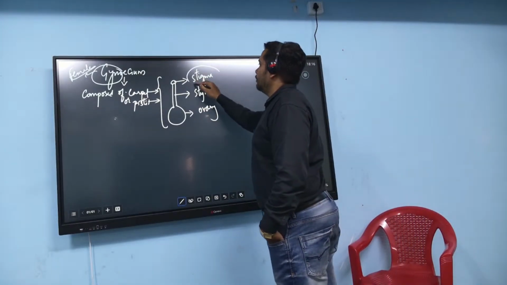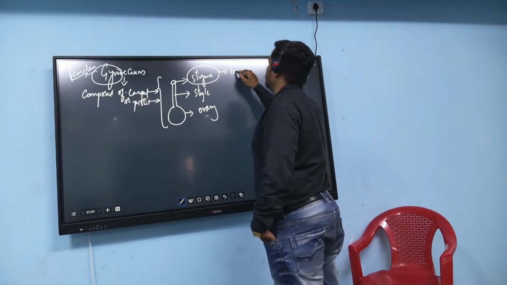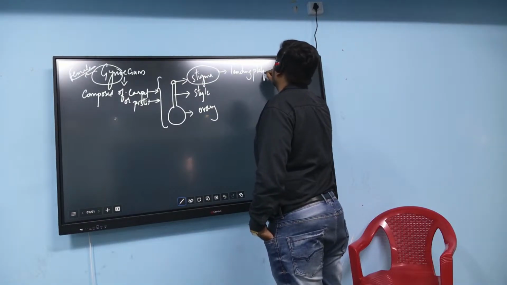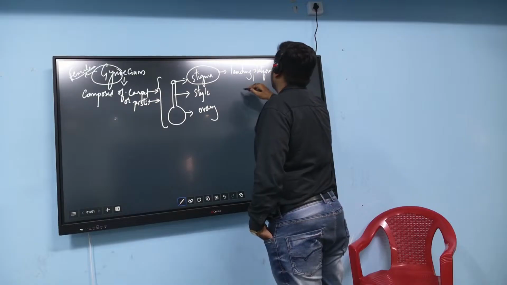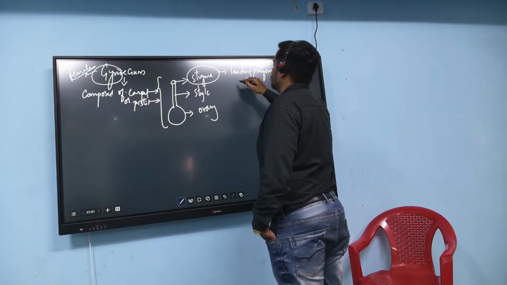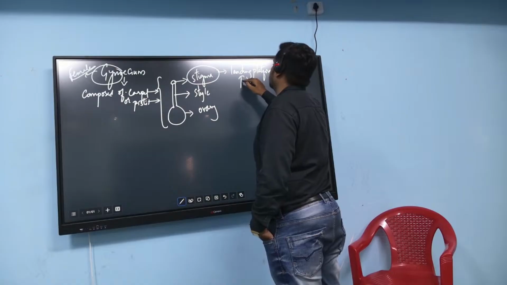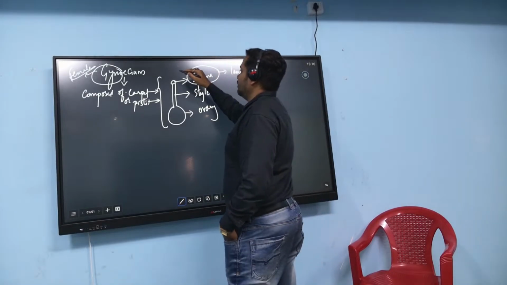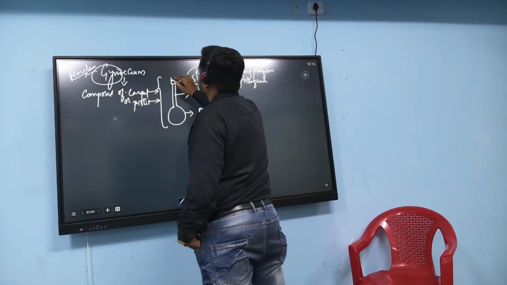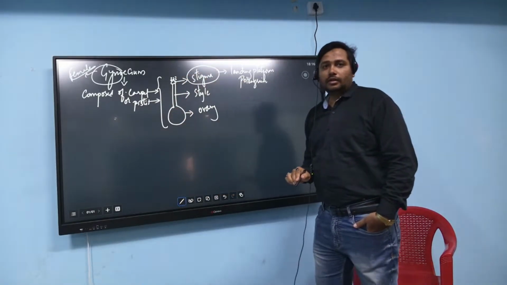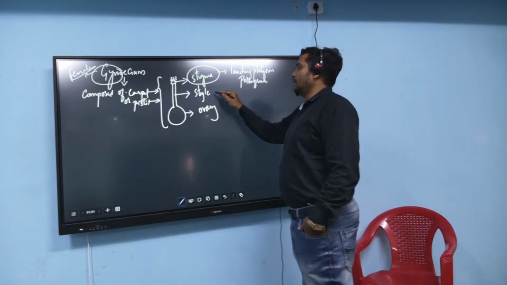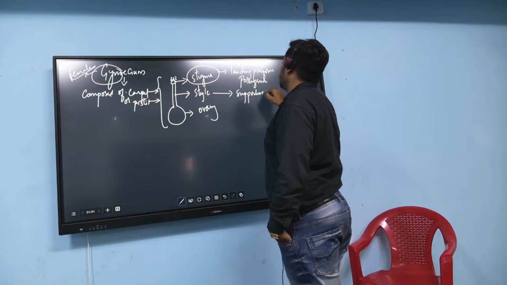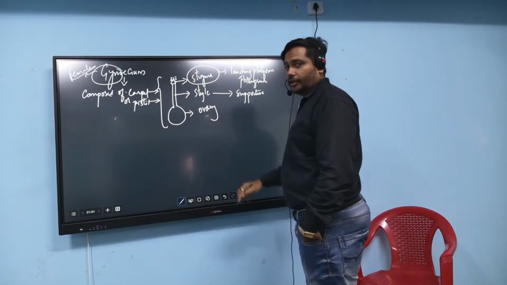When we talk about the stigma, it is called the landing platform. For what? For pollen grains. When the pollen grains are shed and reach the stigma, they will come and sit here. The style is just the supportive part, which supports both the stigma and ovary.